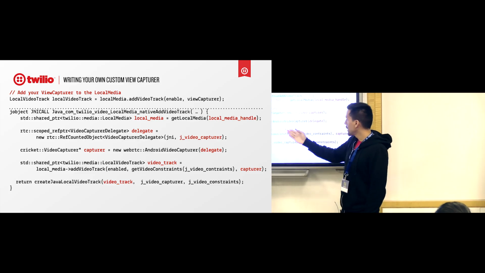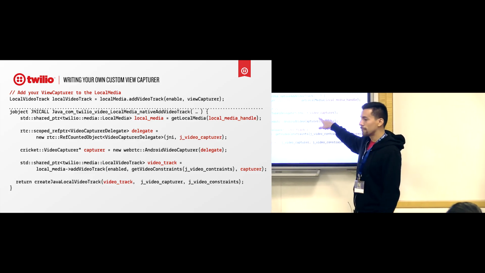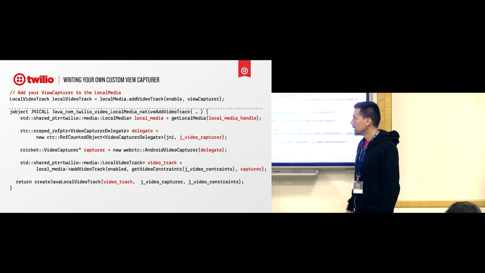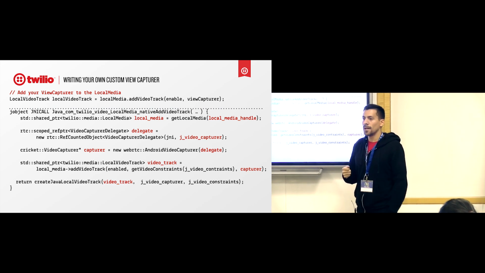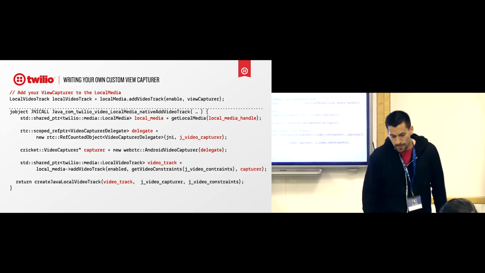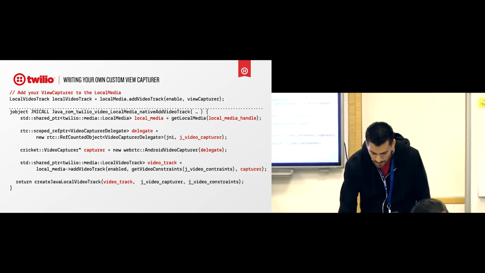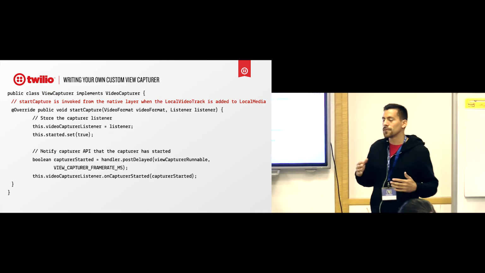We create an Android video capture using the delegate that references your Java object. So when you add things to the local media, we're able to call back up and do the right things. That's how the interface works.